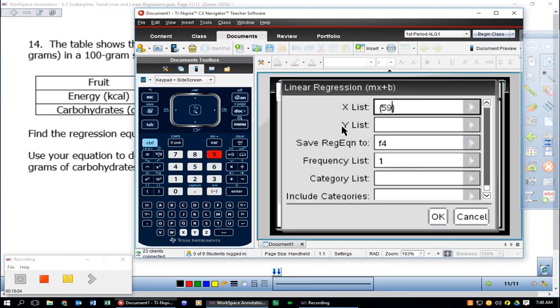Let's see, 59, 92, 56, 61, 59, 30, 65. And then 15.25, 23.43, 14.13, 14.88, 15.11, 7.02, and 17.